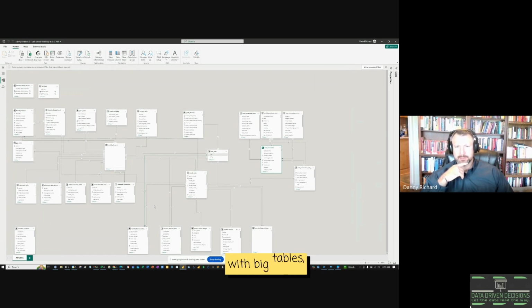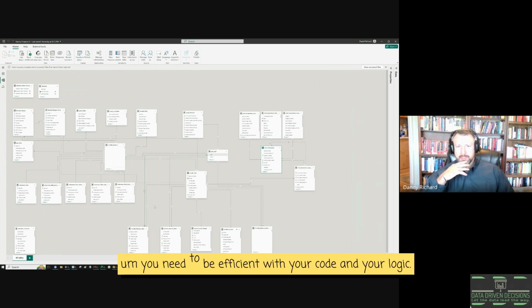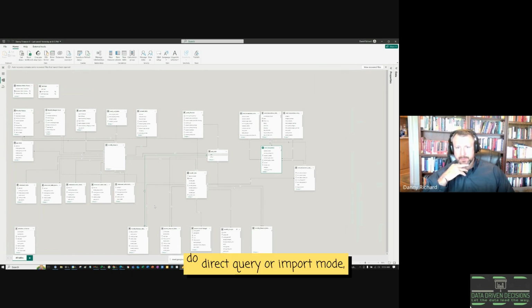With big tables, the game changes a lot in that you need to be efficient with your code and your logic. You need to figure out whether you really want to do direct query or import mode.